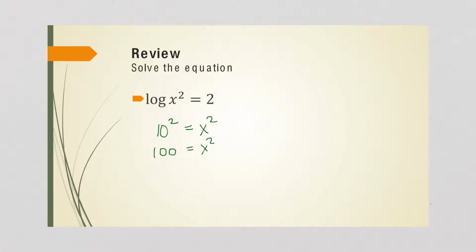When I undo x squared, I take the square root of both sides, and we find out that x equals plus or minus 10, because 10 squared will give us 100 and negative 10 squared will give us 100.